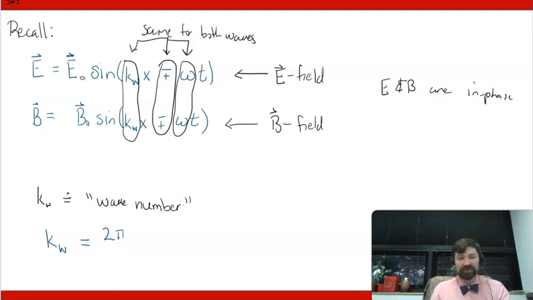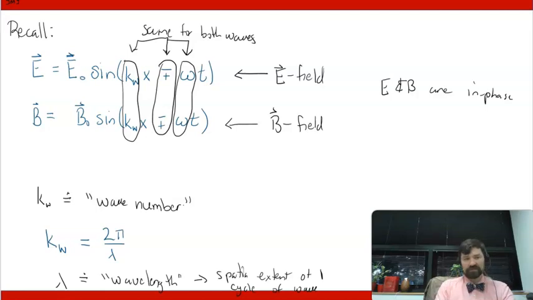So k equals 2 pi divided by lambda, lambda being the wavelength. So that's kind of like the spatial extent of a wave in some sense. So, like, the spatial extent of one cycle of the wave.